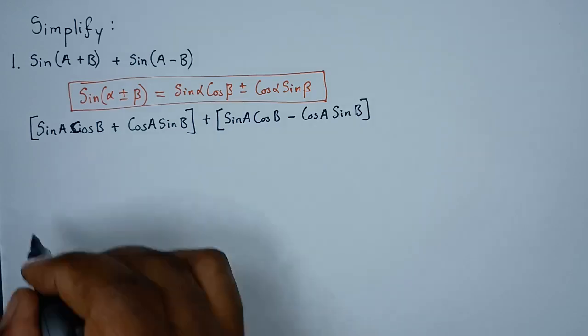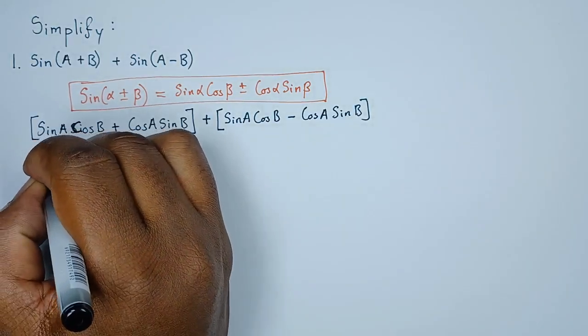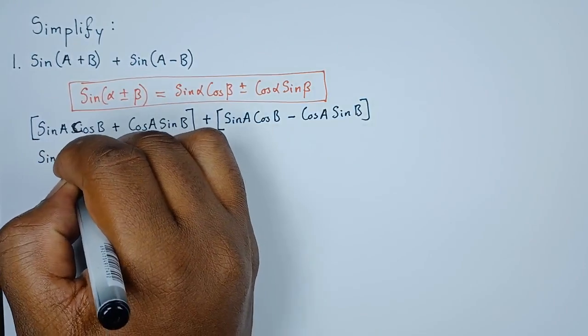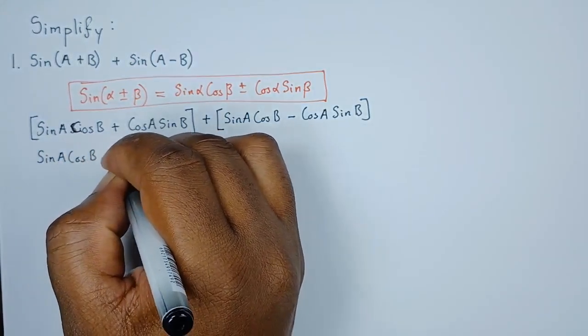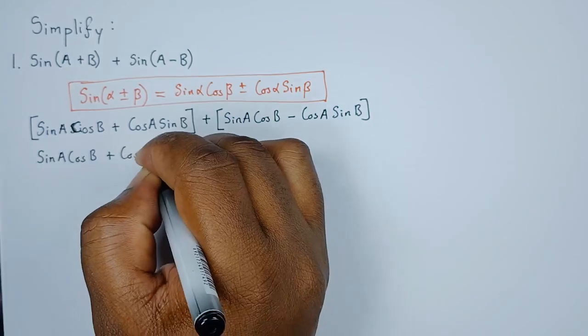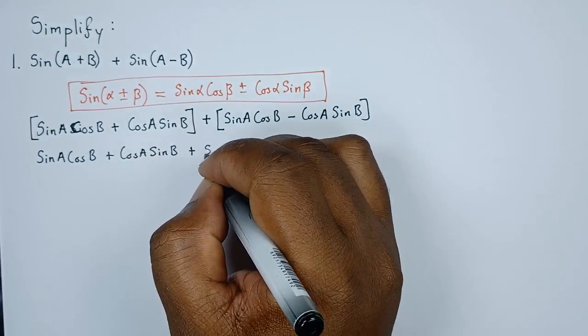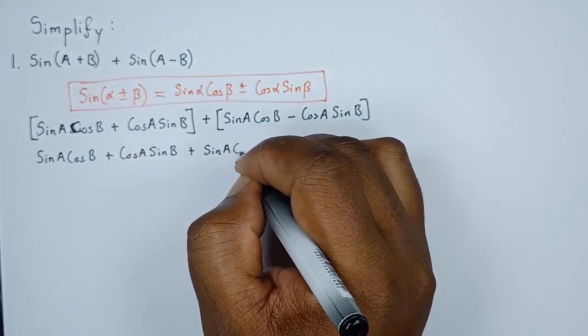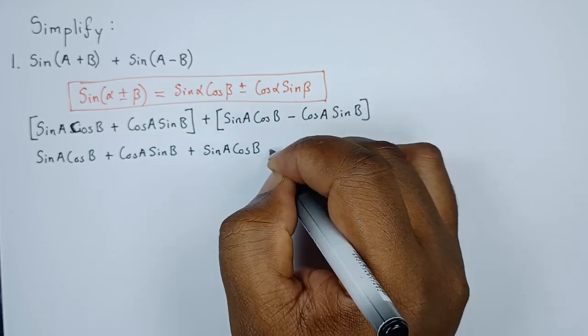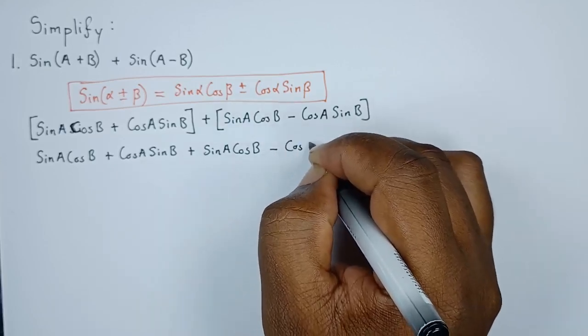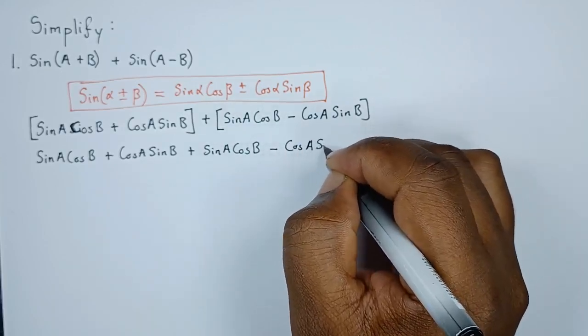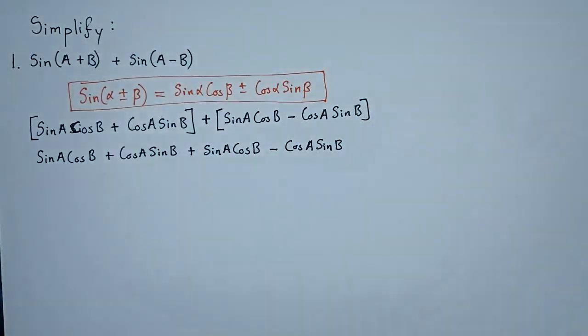Let's remove the brackets. So sine A cos B plus cos A sine B plus sine A cos B minus cos A sine B. Now, do we have anything that is common here?